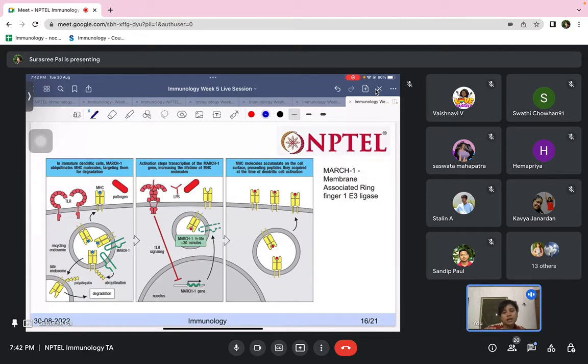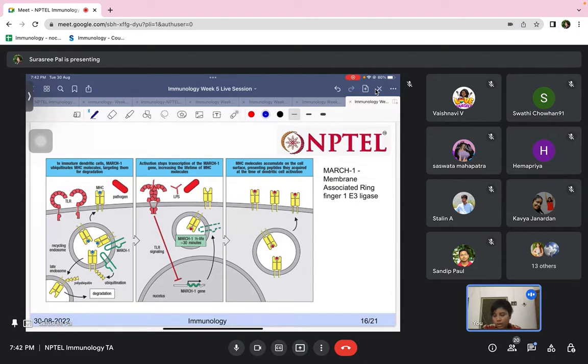They are degraded in the cells, and then new MHC class 2 molecules with peptide MHC complexes will be expressed on the cells again. So there is continuous recycling which takes place.